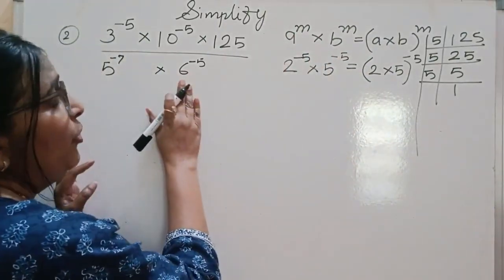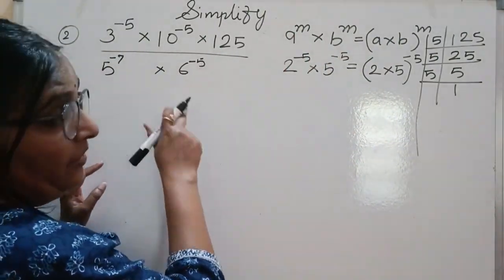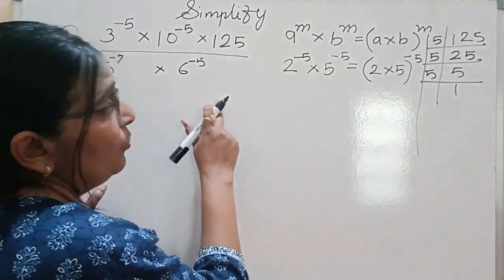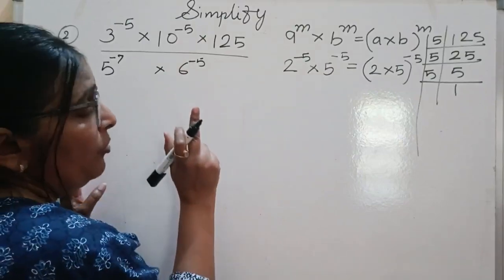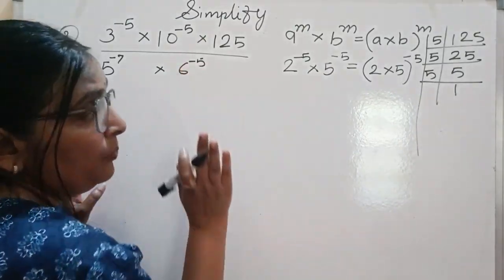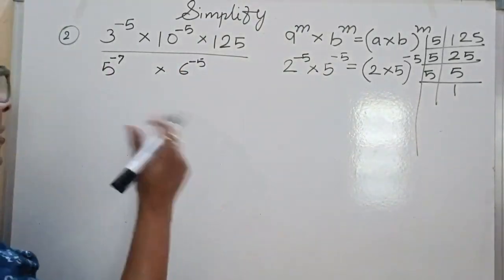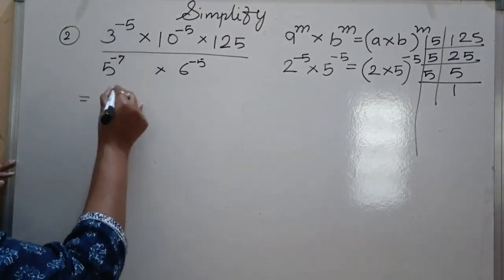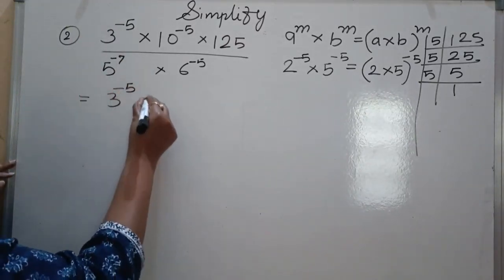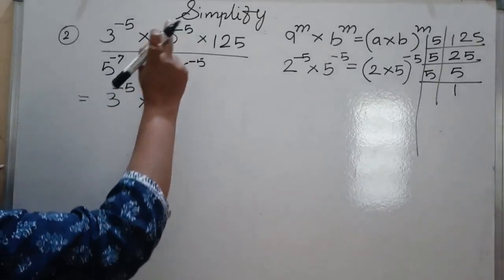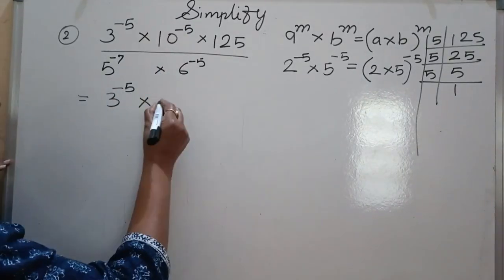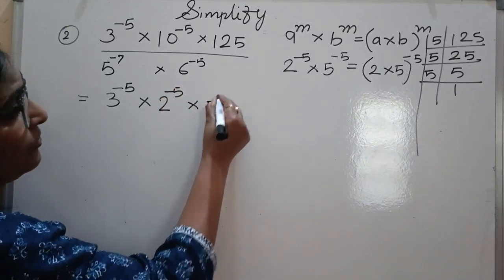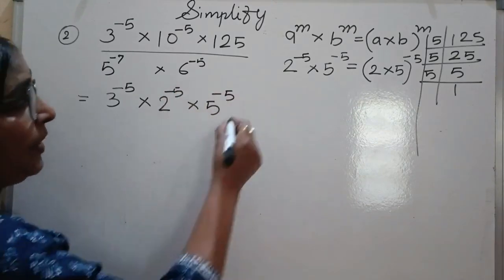Similarly, you will change for 6 raised to the power minus 5. What you will get? 3 into 2. Therefore, 3 raised to the power minus 5 into 2 raised to the power minus 5. Now, let's start. Here, 3 raised to the power minus 5 into, instead of 10 raised to minus 5, I will write here now 2 raised to minus 5 into 5 raised to minus 5.